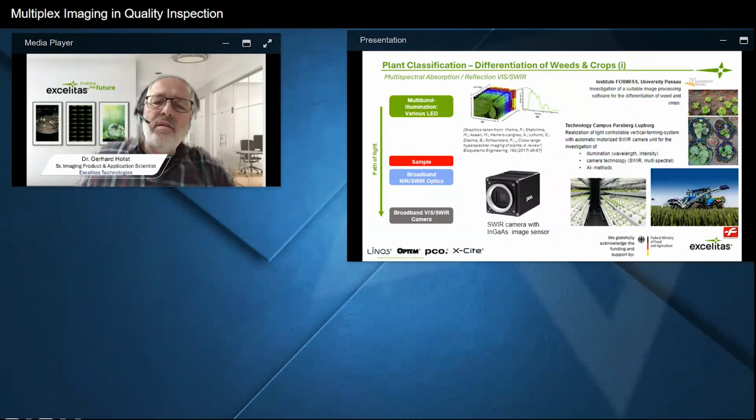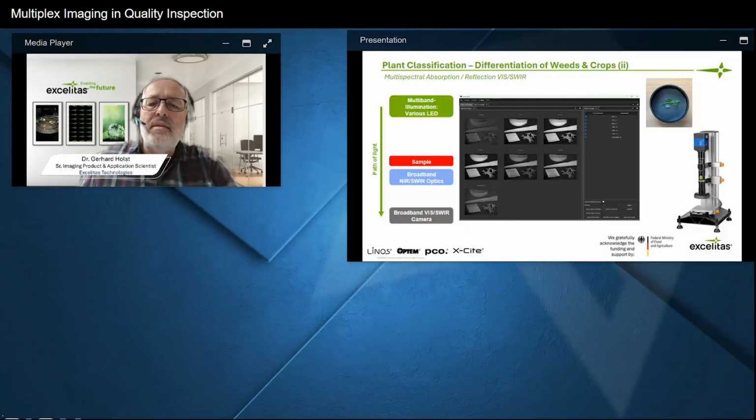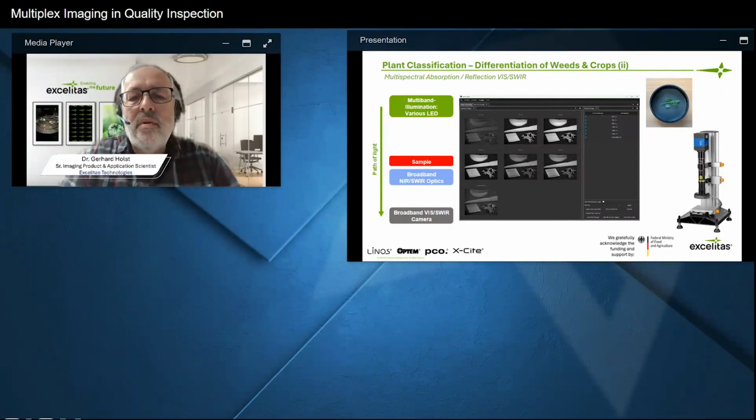In this combination, there was a shortwave infrared camera used, and we were going for a multi-band illumination with various LEDs at various wavelengths, and it included a broadband optics. The wavelengths ranged from 600 nanometers up to 1500 nanometers.